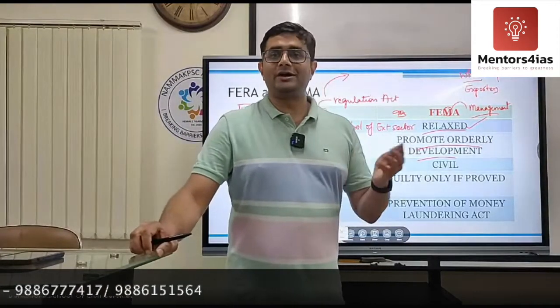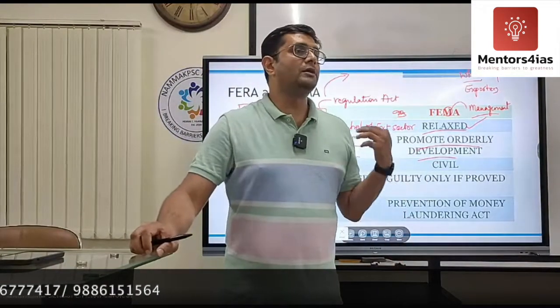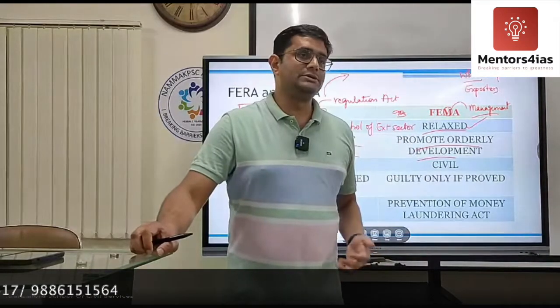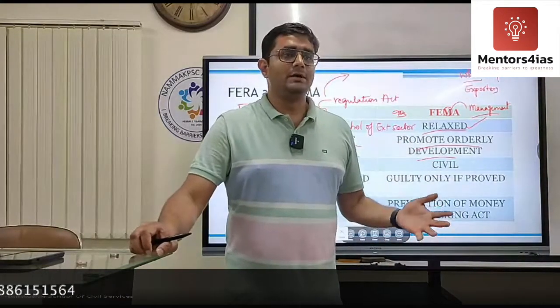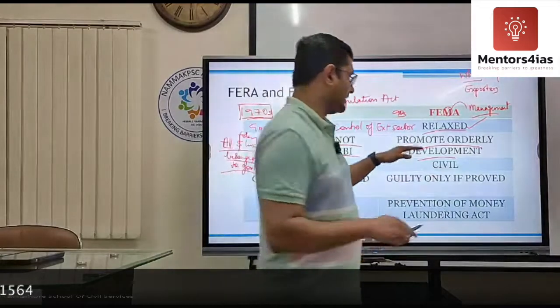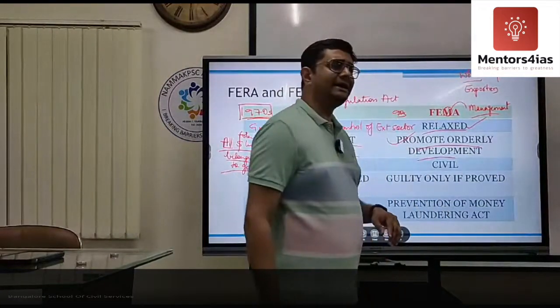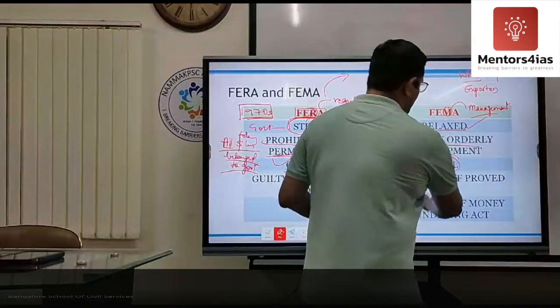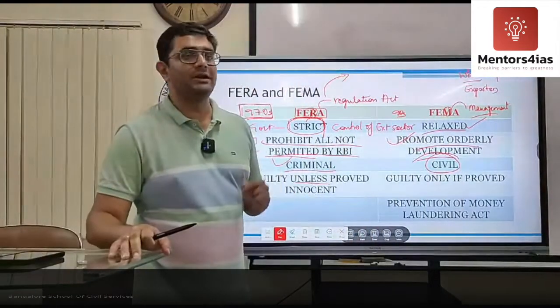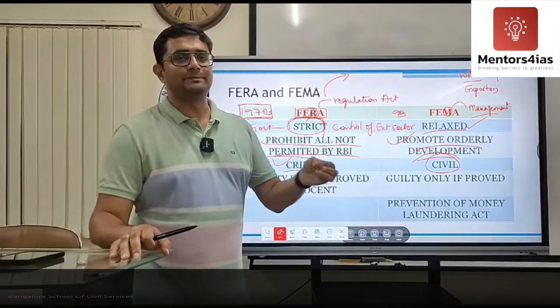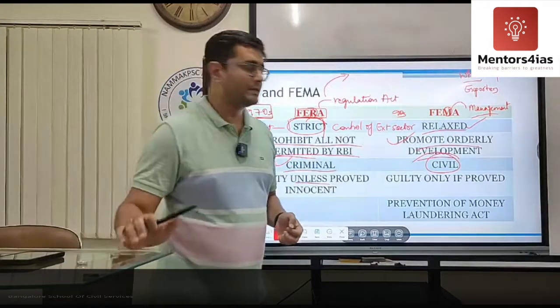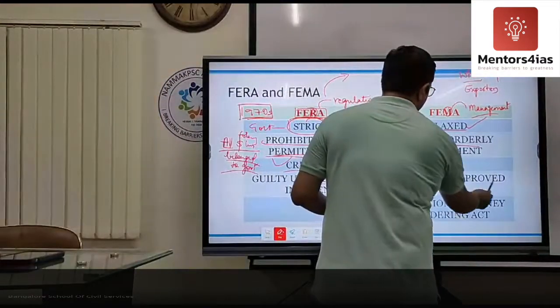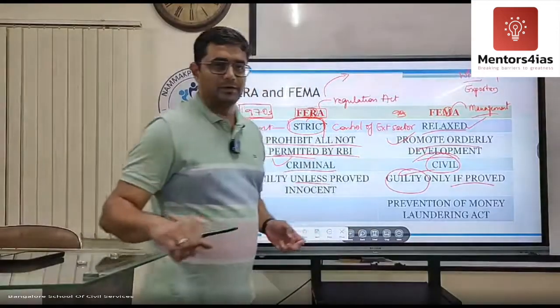It allowed for convertibility, it allowed for export, import, investments, borrowings, more relaxed rules. It allowed for orderly development of the external sector. Any offense under this law was categorized as a civil offense, which includes penalty and other things. Then you are guilty only after you are proved.